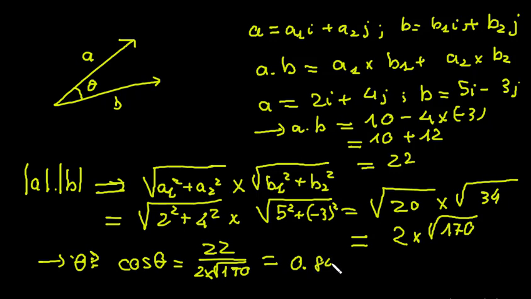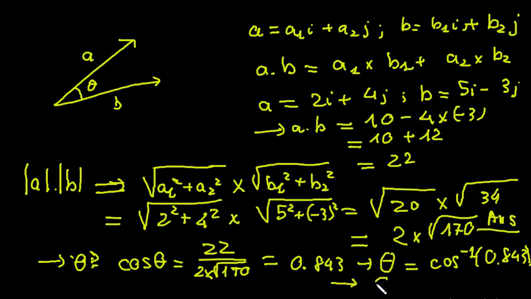So we want to find theta equal to cos inverse of 0.843. I think that when you get to this step, you should not round up. Theta equals 32.5, rounded to 3 significant figures.